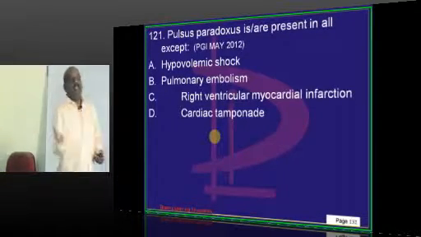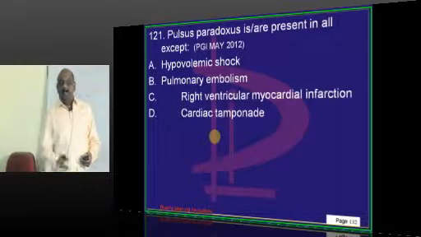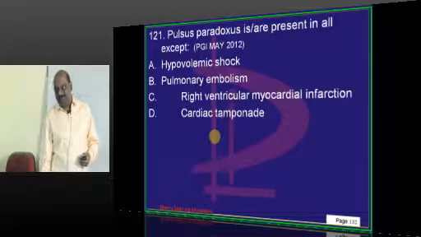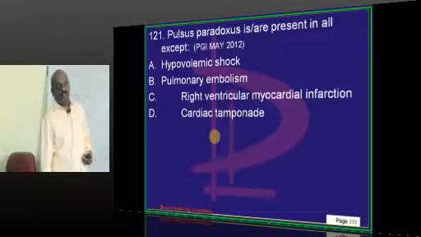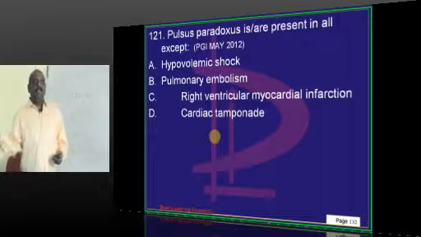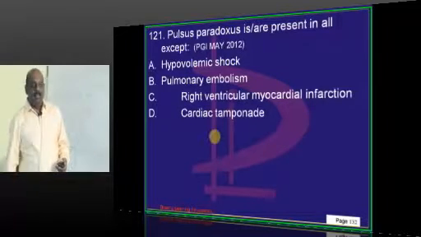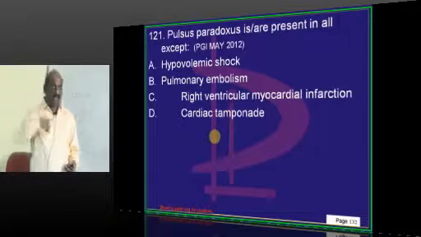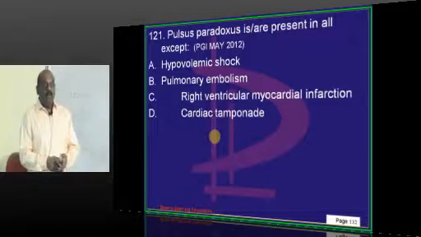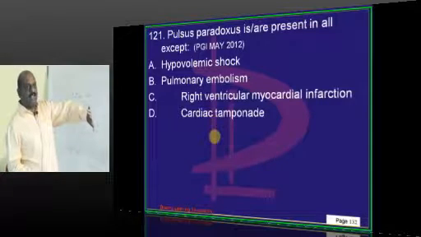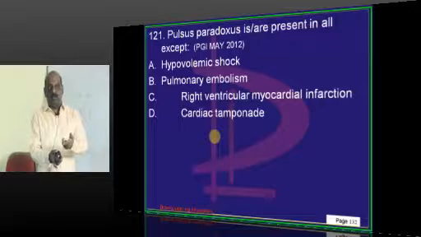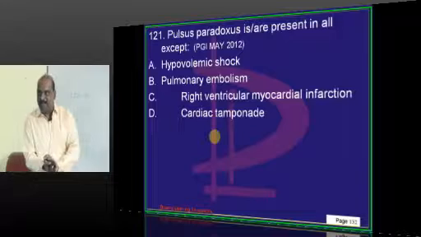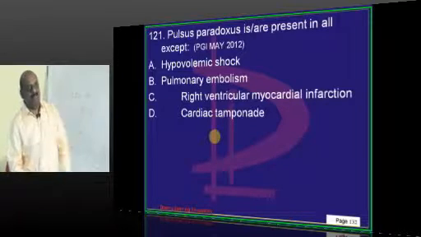Then, doctor, where do you see pulsus paradoxus? It is seen in cardiac tamponade, but it is not specific for cardiac tamponade. What is pulsus paradoxus? Normally, increased venous return into the right side of the heart will put pressure on the left-sided chambers, so that left ventricular output into the peripheral pulse becomes low, and that leads to a diminished pulse at the time of inspiration.